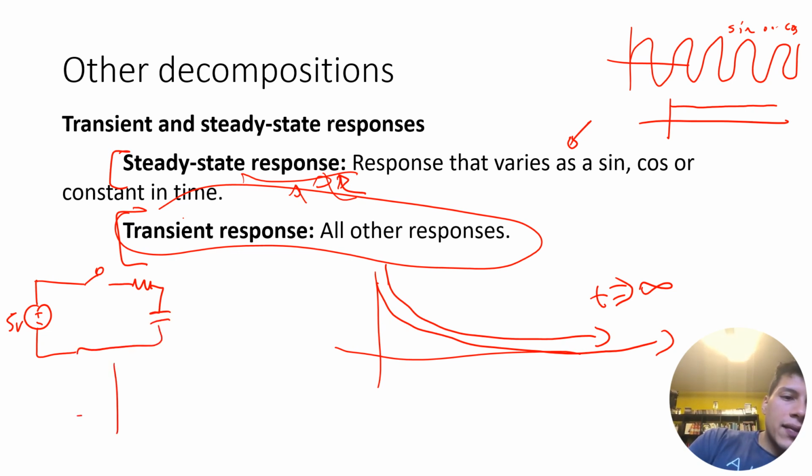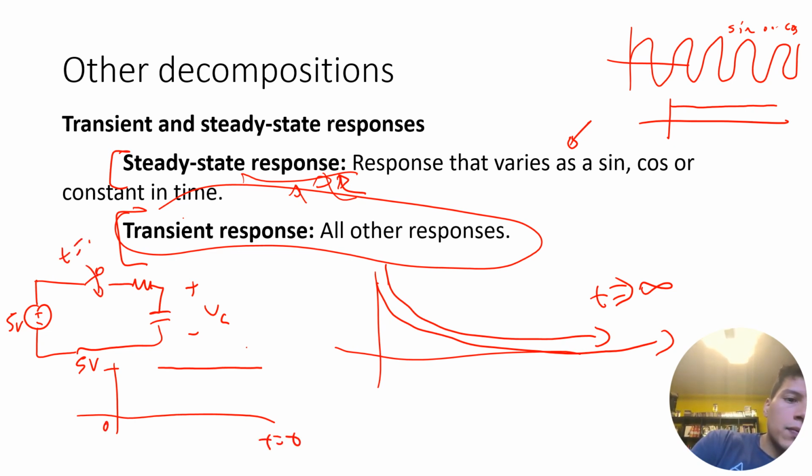If you recollect, this circuit, after a while, if I were to look at the voltage across the capacitor, VC, it should be equal to 5 volts. And let's just assume the initial voltage on the capacitor was 0 at time equals 0. So the voltage is actually going to go from 0, and then eventually it's going to reach 5.